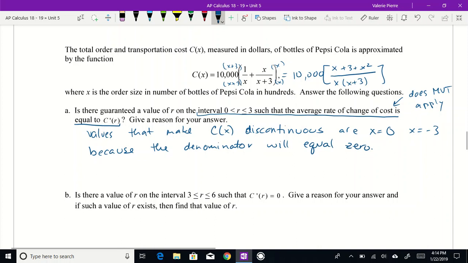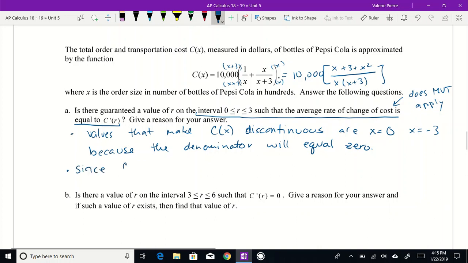Okay, so because we want to make sure that the function is continuous on the closed interval, which means when I plug in either one of these two values, 0 or 3, I should get an answer. We know that's not true.